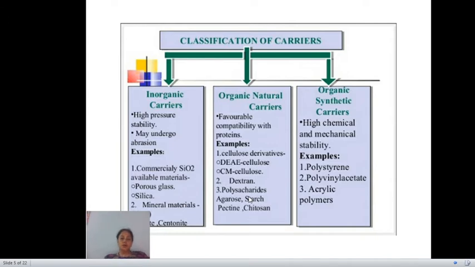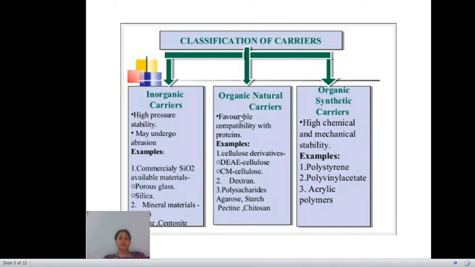So how many types of carrier molecules can be used? These molecules can be inorganic carriers, organic natural carriers, or organic synthetic carriers. So these are the characteristic features of three types of carrier materials. Inorganic carriers have high pressure stability. They may undergo abrasion. Example is silica, porous glass.